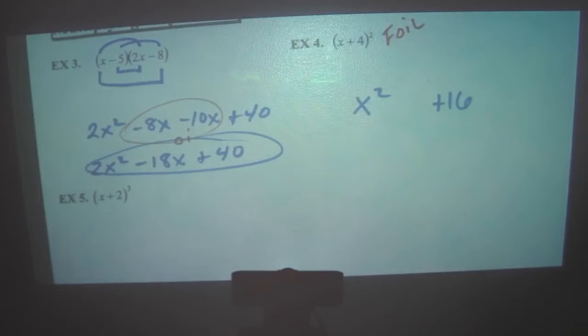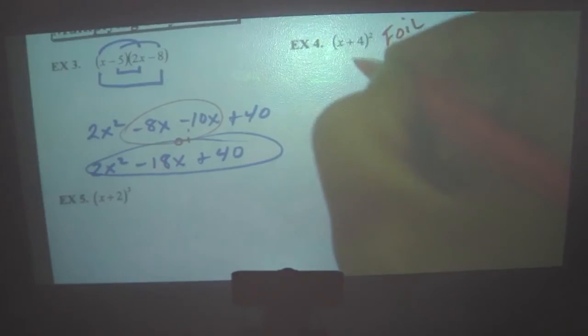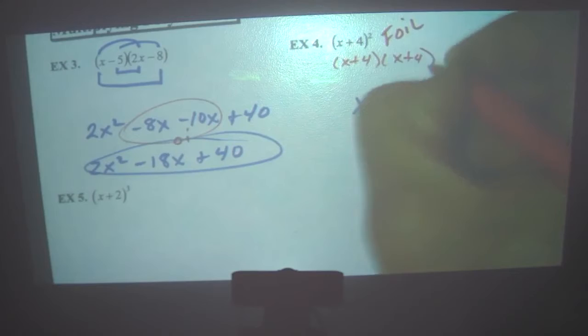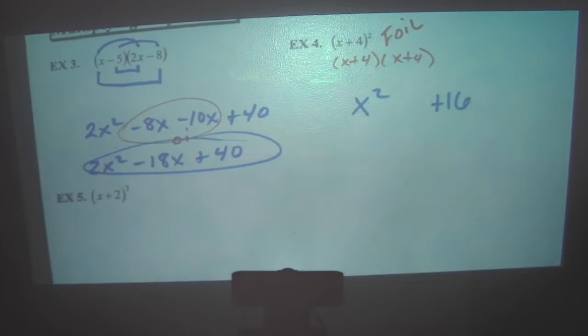Again, if I take two things and I square it, 2 squared is 4, I should get 4 terms here. Okay? So I need to write x plus 4 twice so that I can FOIL it.